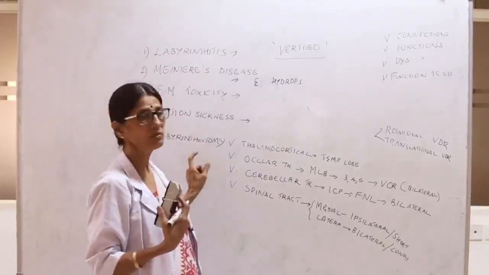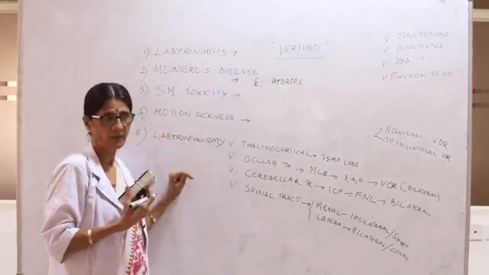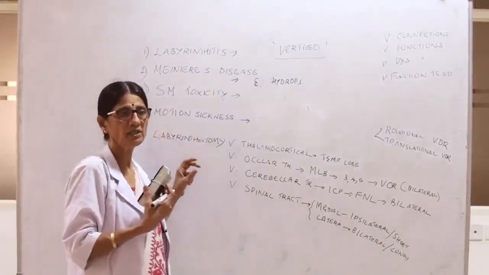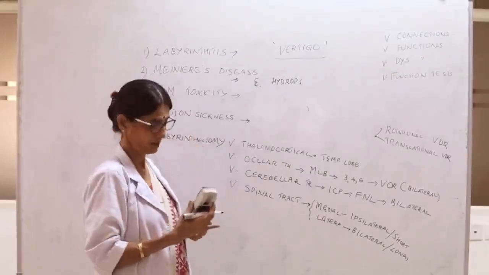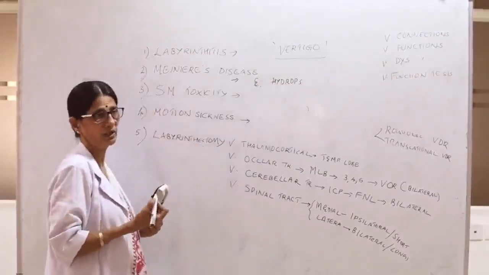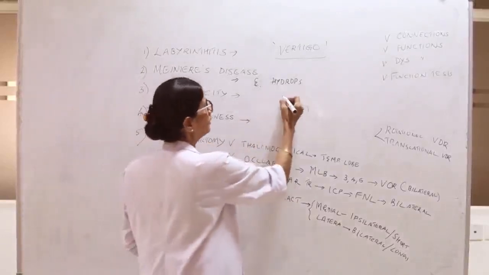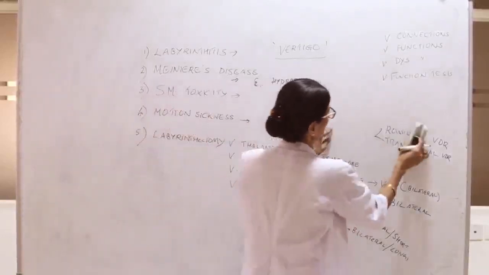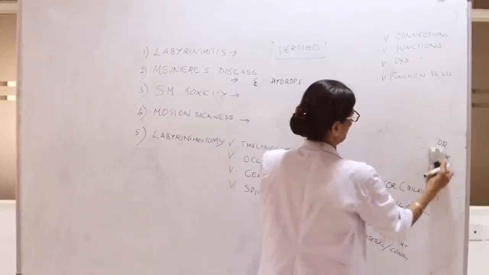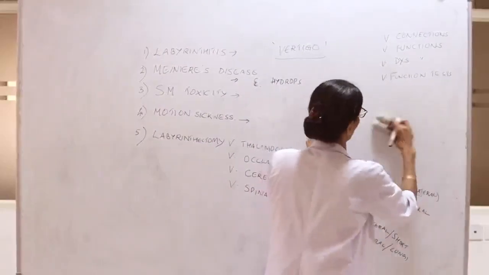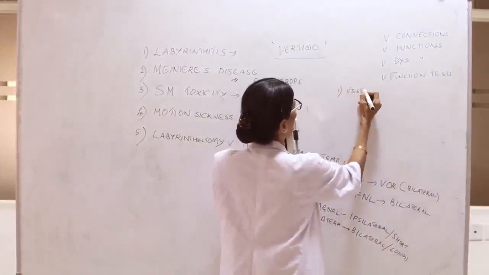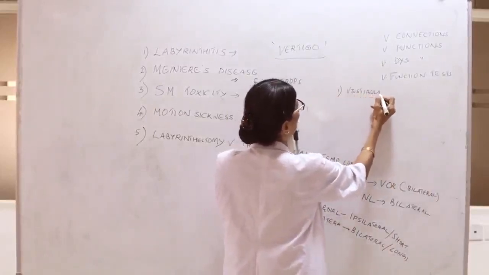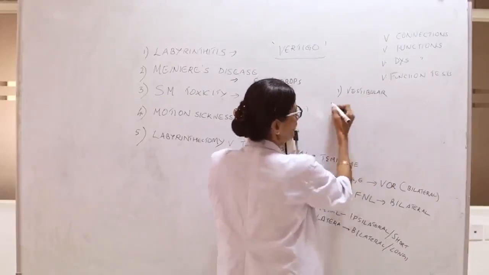So the person can manage after that. But something we have to understand here is that whenever a person maintains equilibrium, there are 4 main signals that help the person to maintain postural equilibrium. One is the vestibular, that is dealt with in detail in postural equilibrium.